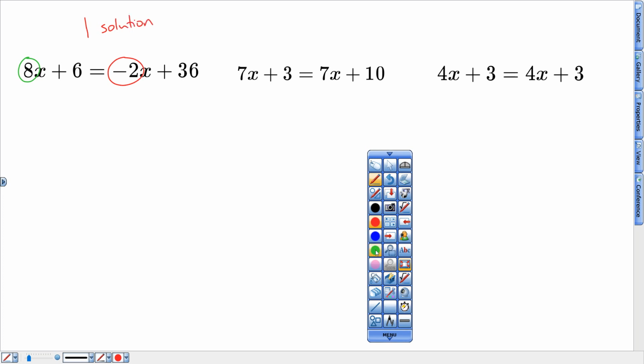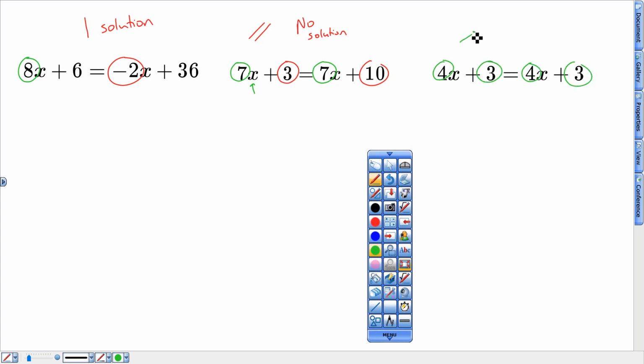As soon as you see things in front of that x number, always look at that x. The numbers in front of x are the same, but the numbers next to them different. That's parallel situation. That's a no solution, no solution. And then, of course, the last one, when everything's the same, got that same number in front of x, got that same exact y-intercept number.